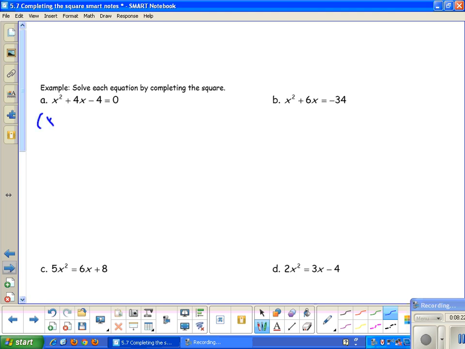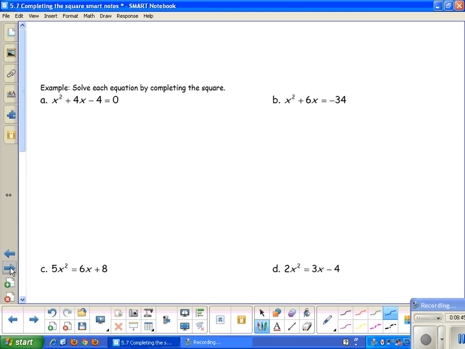So I would have x here and x here. Since this is a minus on the end, I know that my signs have to be opposite. So do we have factors of 4 that add up to positive 4? No, because 2 and 2 won't work, and 4 and 1 won't work either. So that's why we are going to complete the square, because I can't factor this.